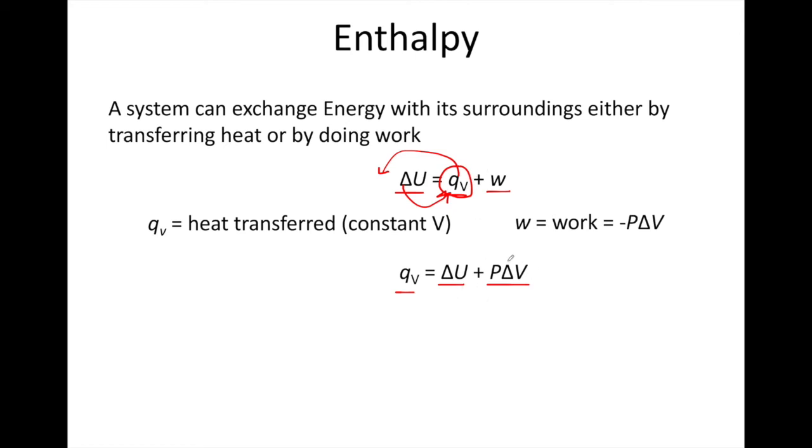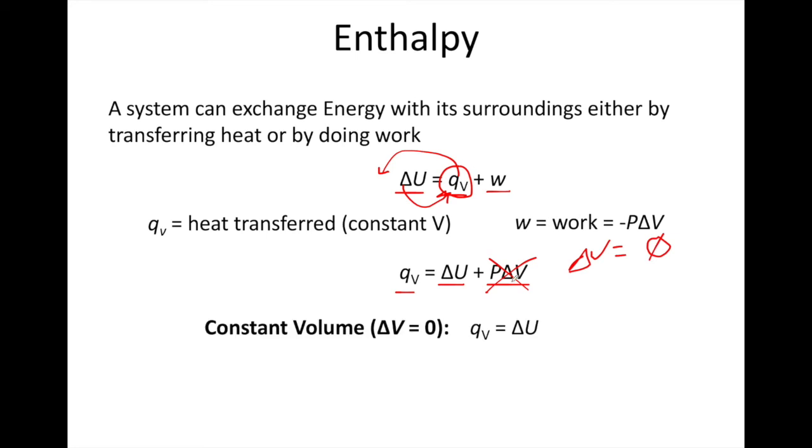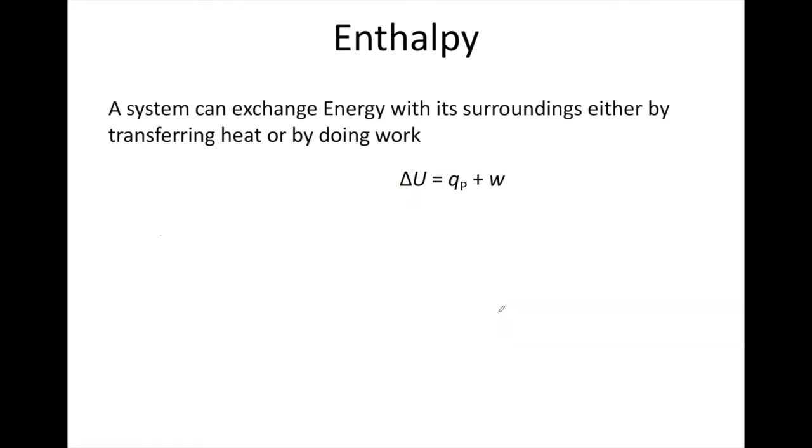And since we said under constant volume no work can be done, because the change in volume is going to be equal to 0, right? So that term would be 0. Then under constant volume, all of the internal energy that's released must be released as heat.